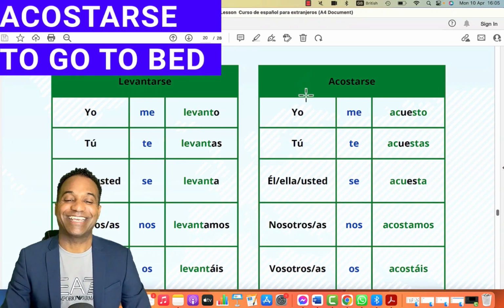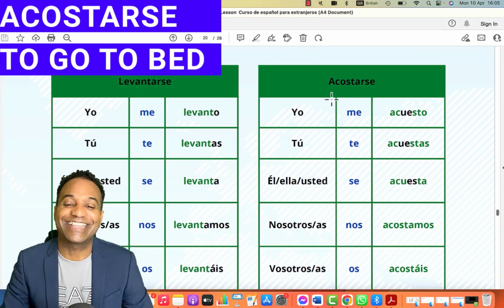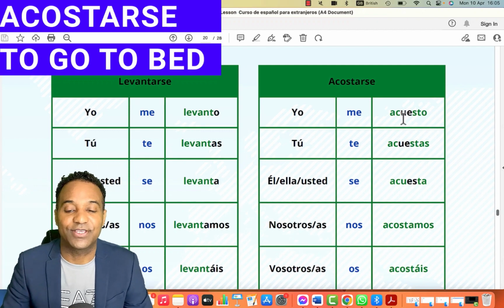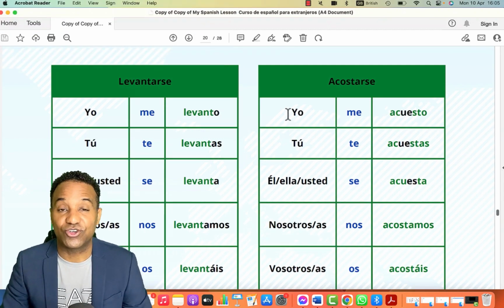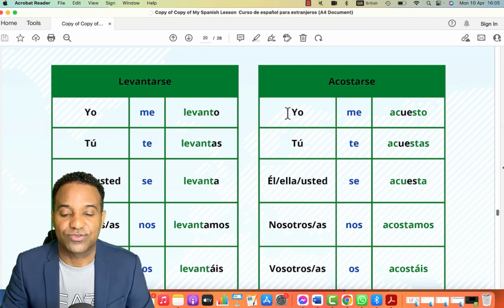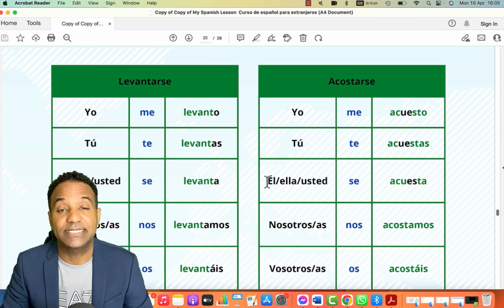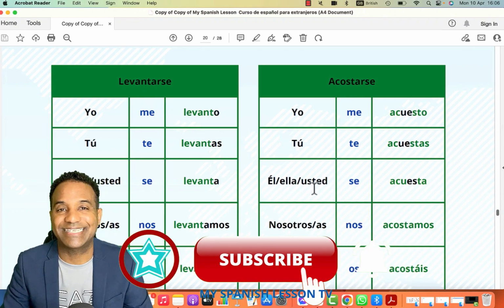Muy bien. Acostarse. This one is irregular. So you see the irregularity. I put it in black so that you notice it. So yo me acuesto. Tú te acuestas. Él se acuesta. Ella se acuesta. Usted se acuesta.